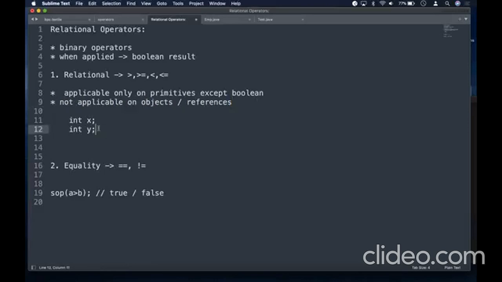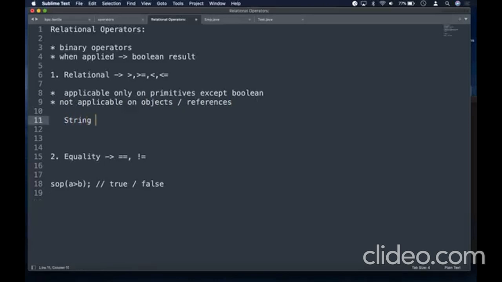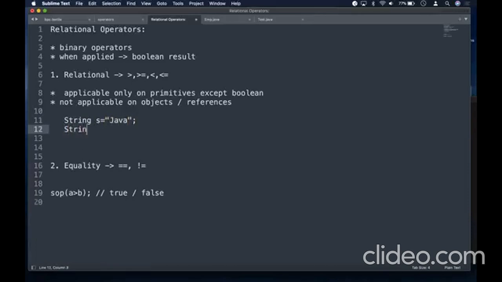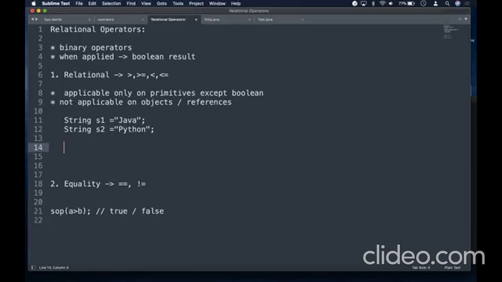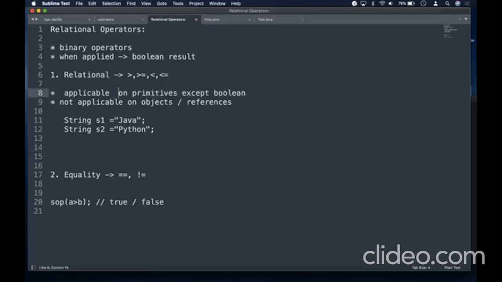For example, you have two string objects: string s1 equal to Java, and string s2 equal to Python. You cannot compare them, so s1 greater than s2, s1 less than s2, greater than equal to, those are not applicable. These relational operators are applicable on primitives except Boolean, and not on objects.